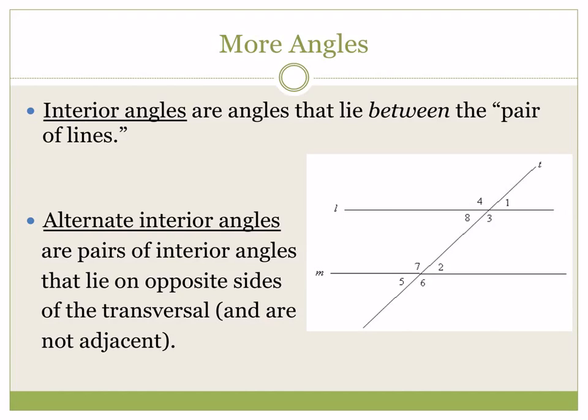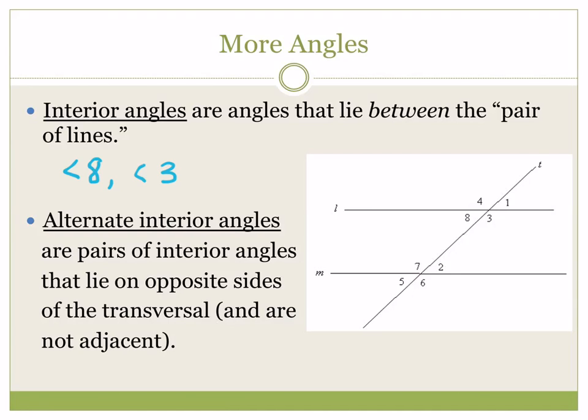Can somebody give me an example, looking at this diagram, where they are labeled with numbers, of an angle that is an interior angle? 8 would be one of them. Give me one more. 3. So what are the other two? 7 and 2. So there are 4 interior angles, all 4 of those that are in between the lines.